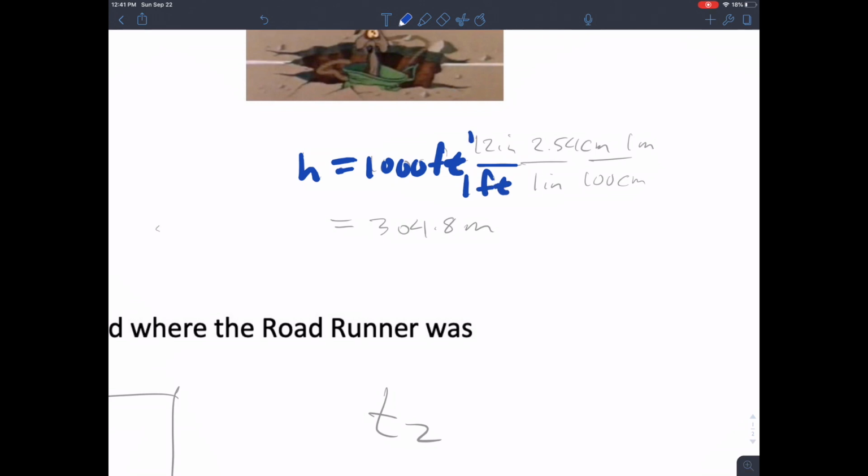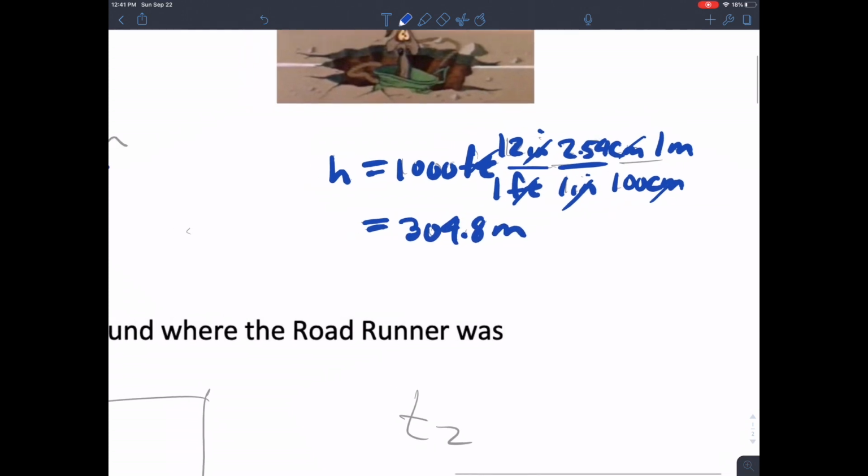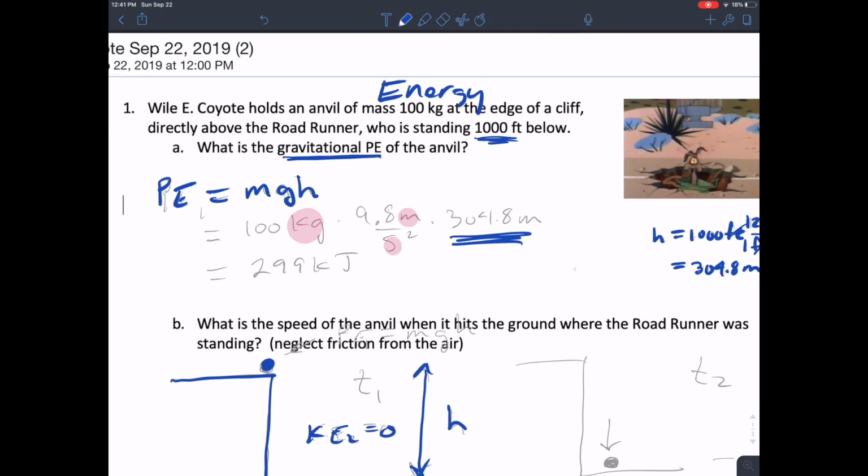In 1 foot there's 12 inches, there's 2.54 centimeters in 1 inch, so I line these up to where they cancel, and then there's 100 centimeters in 1 meter. Okay, so everything seems to line up, and I end up with the height being 304.8 meters.